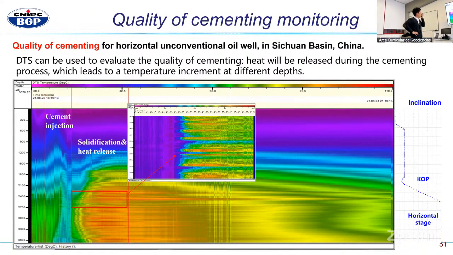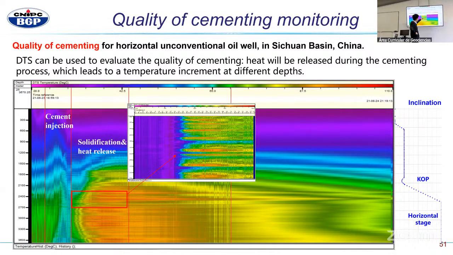And this is an example of using DTS to evaluate the quality of the cement. As you can see here, once the cement is injected and after solidification, it will release heat and the temperature will increase. In this part, there are some points where the temperature did not increase this much.